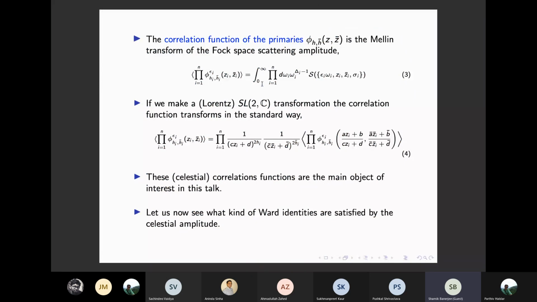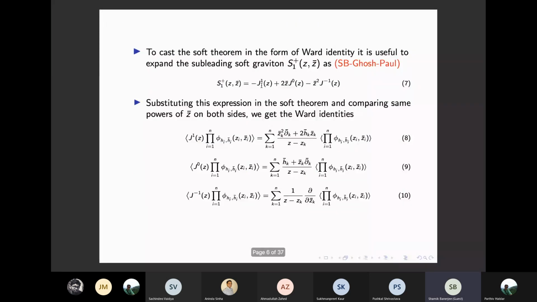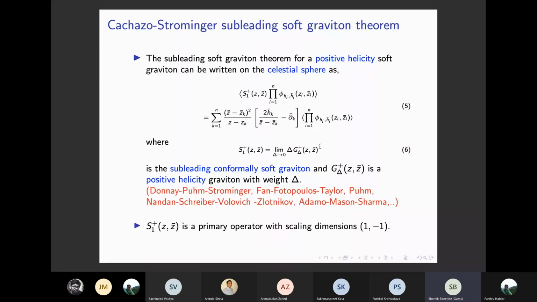So omega. So you were taking delta going to 0, that would correspond to energy. So there was some operator that you defined where you took delta going to 0. Right, so that is this subleading soft graviton, this S1 plus ZZ bar.